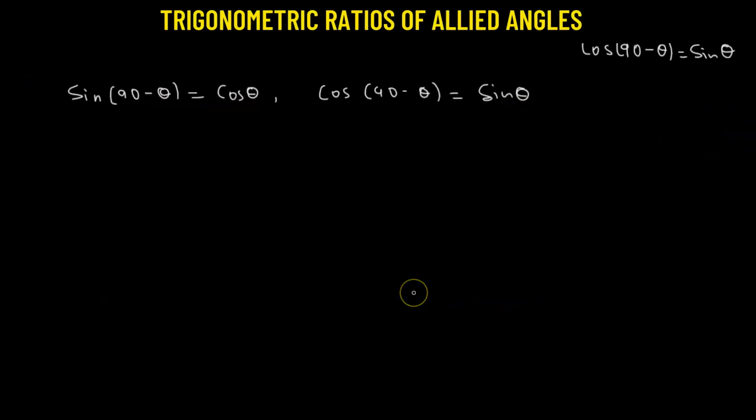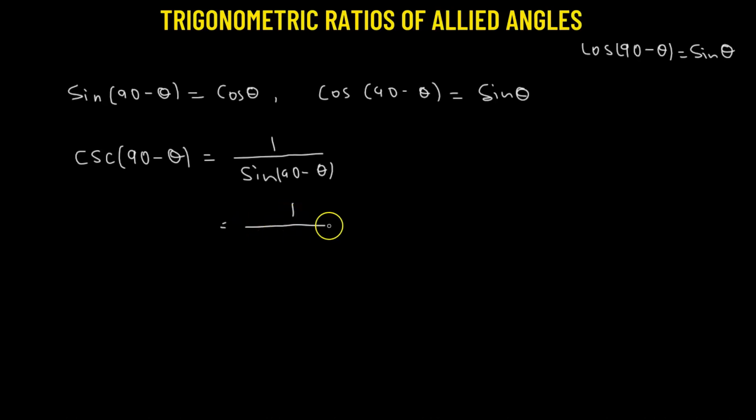We know that cosecant of 90 minus theta equals 1 over sine 90 minus theta, because the cosecant function is the reciprocal of the sine function. Sine 90 minus theta is cos theta, and the reciprocal of the cosine function is secant theta. So cosecant of 90 minus theta is secant theta.